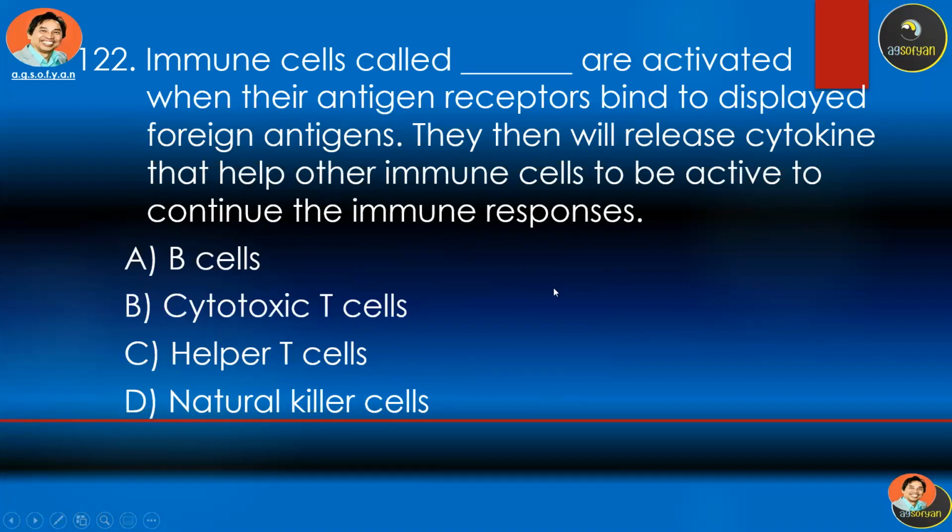Immune cells called blanks are activated when their antigen receptor binds to a displayed foreign antigen. They then release cytokines that help other immune cells to be active to continue the immune response. Which one is that? Okay, remember the process? When virus enters into our cell, it will be processed by macrophages.